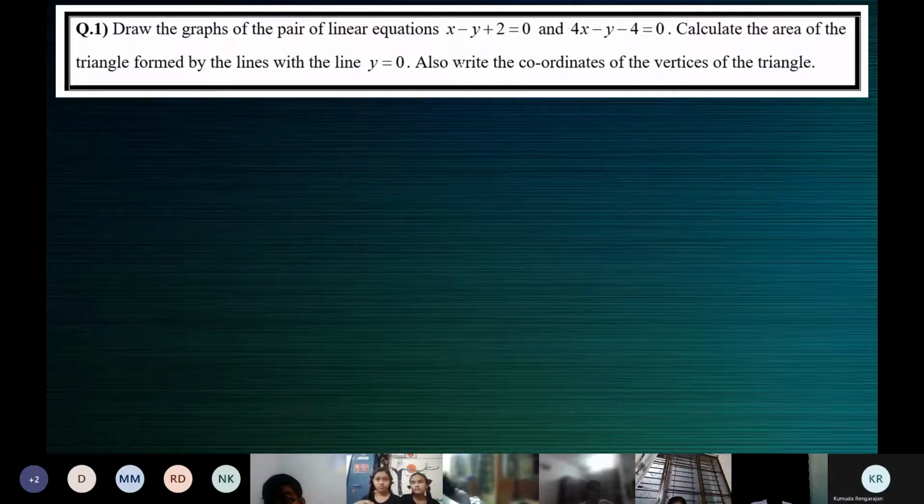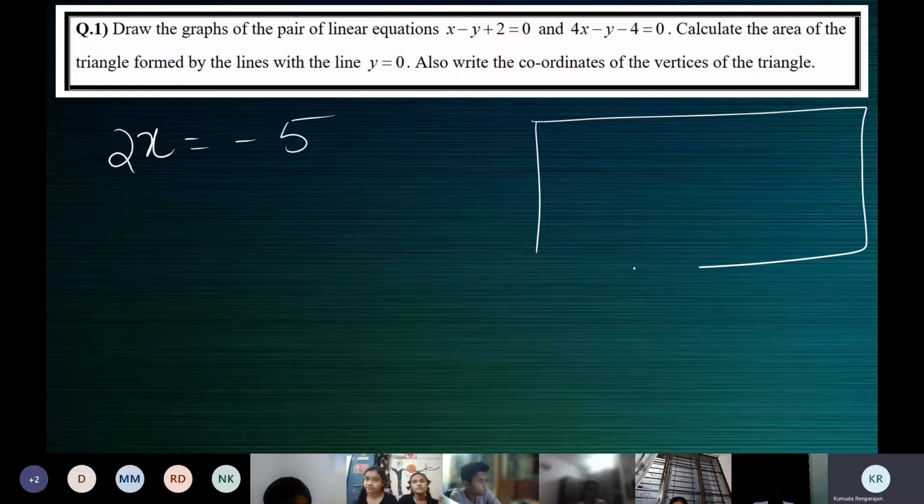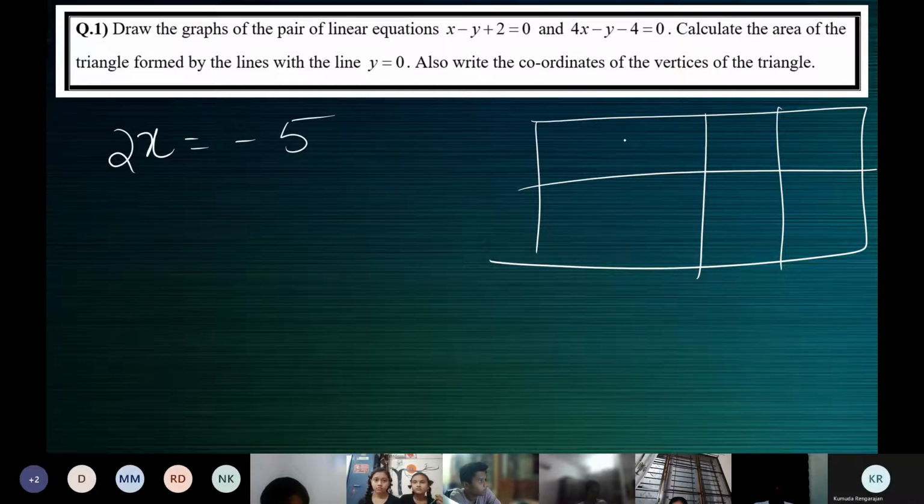Now somebody tell me, how do you make the XY table for this? 2x is equal to -5. I want the XY table for this. No. Your thought is incorrect, Pranav. Think.